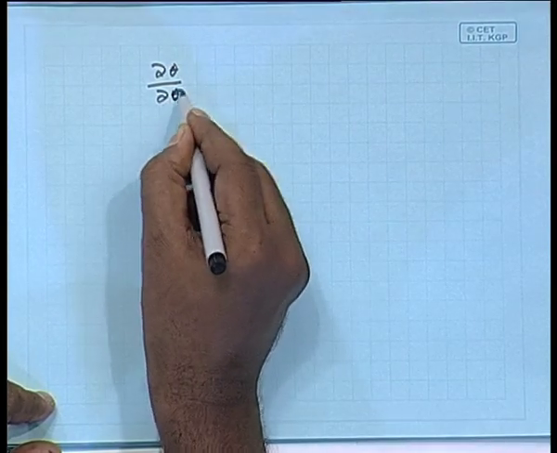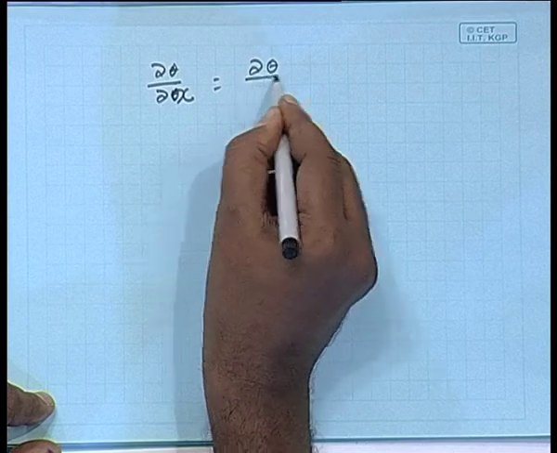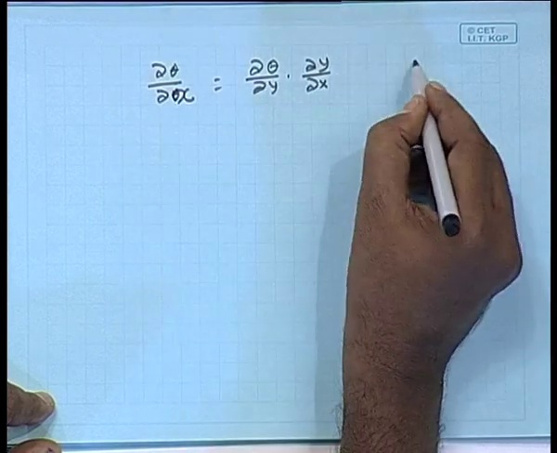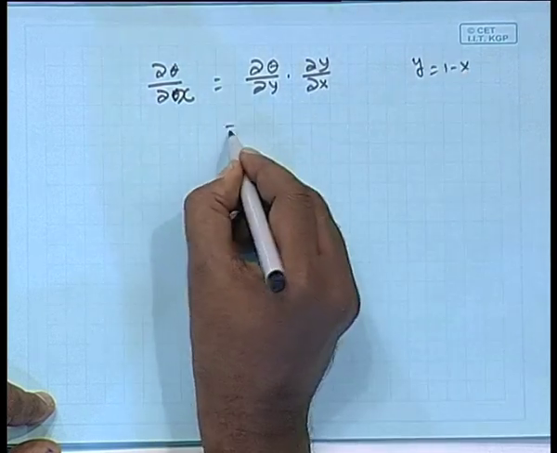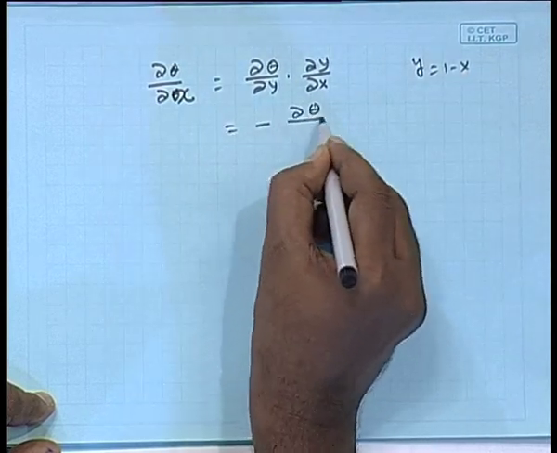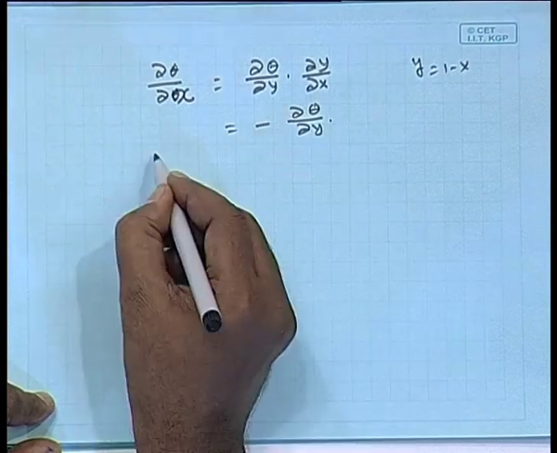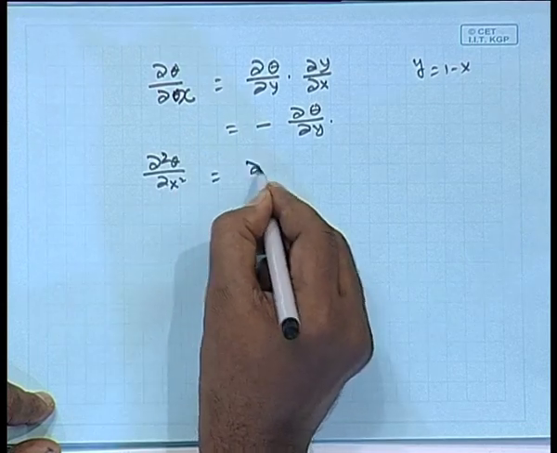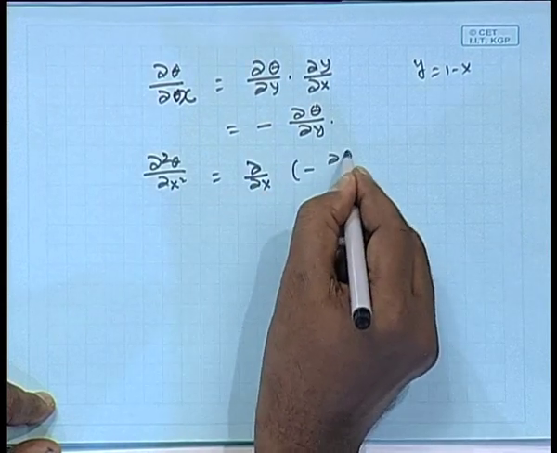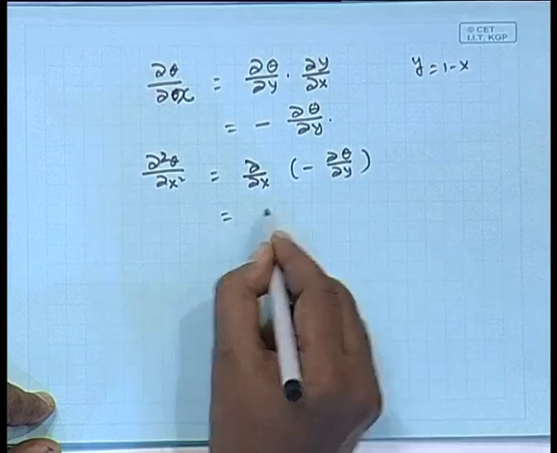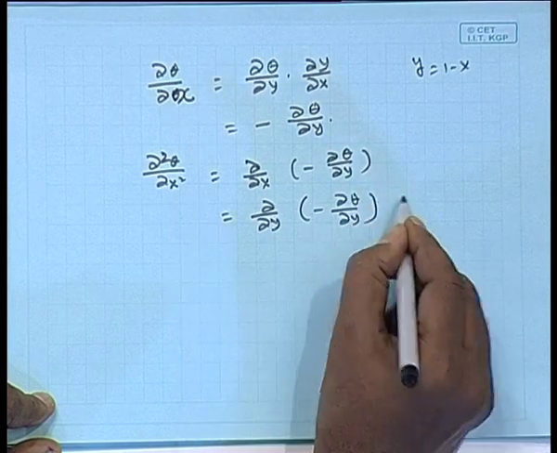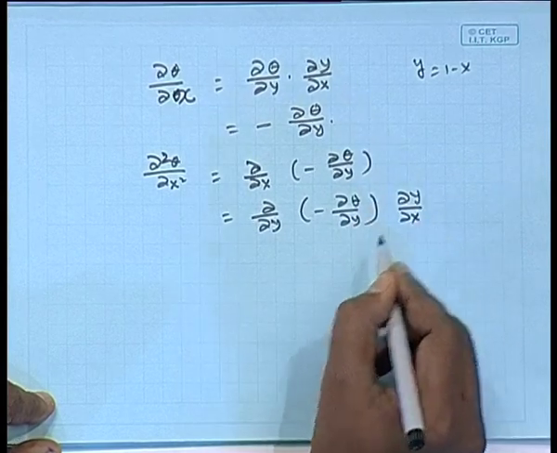Now, let us see what del theta del x is. Del theta del x is del theta del y times del y del x, and y is 1 minus x, so it will be minus del theta del y. Then del square theta del x square is del y of minus del theta del y times del y del x.